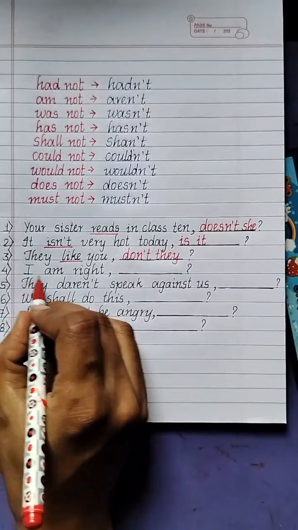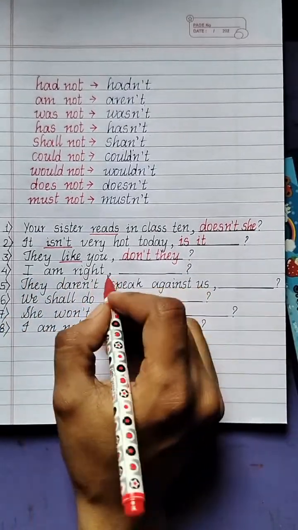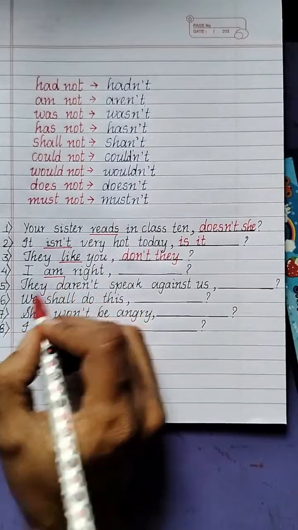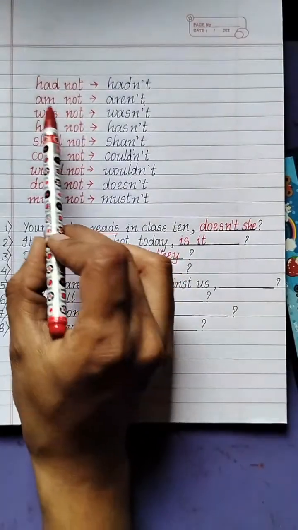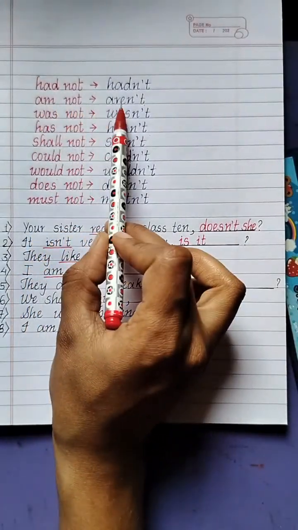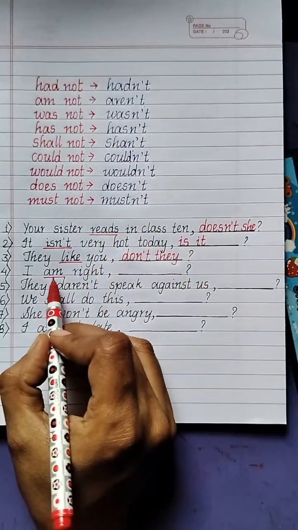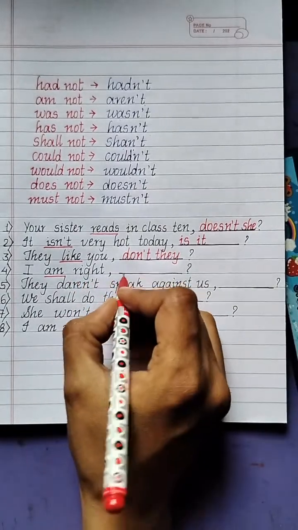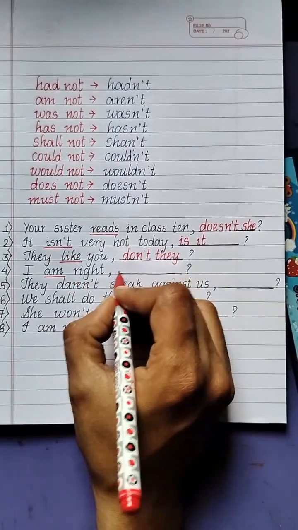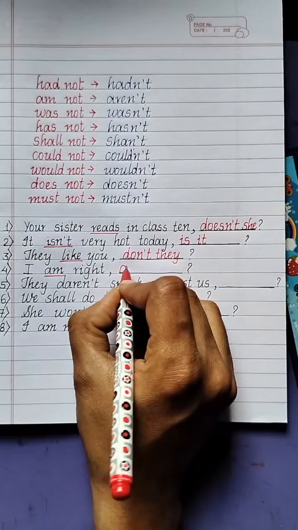Similarly, the fourth one, I am right. Am. If you remember, am not will change into aren't. The statement is positive, so the tag will be negative. So am not changes into aren't.